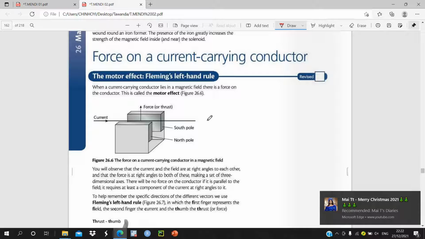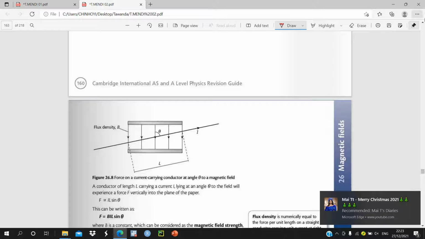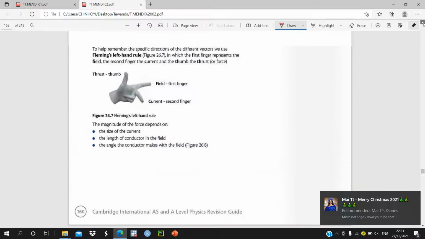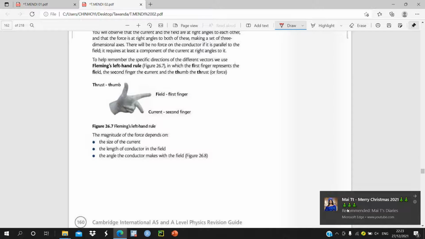The direction of the force is going to be determined by Fleming's left hand rule.